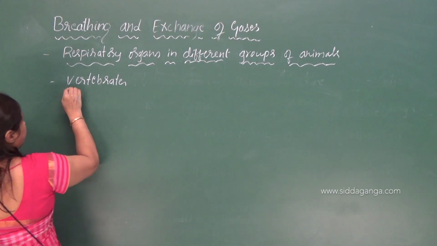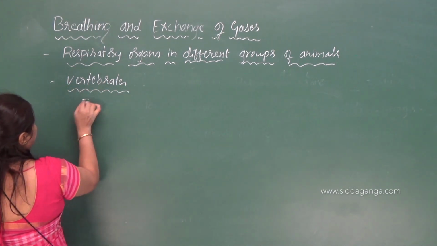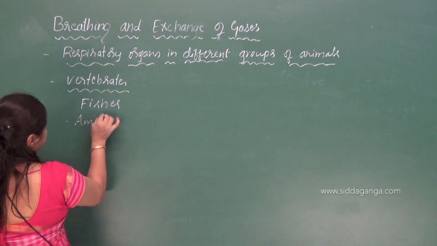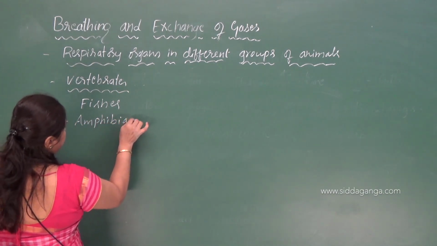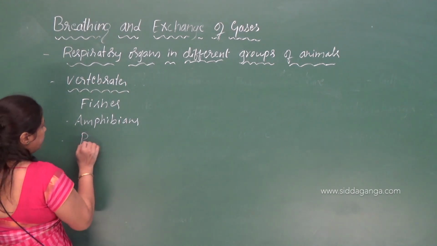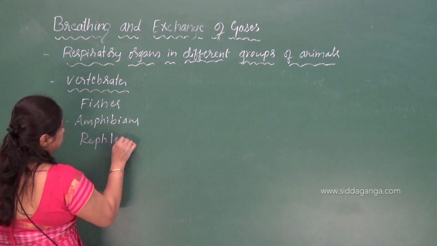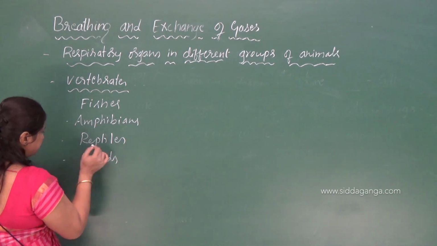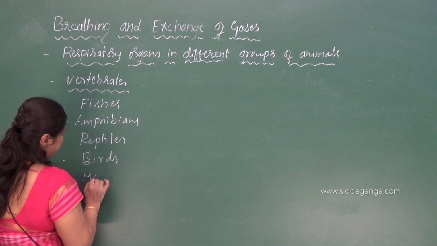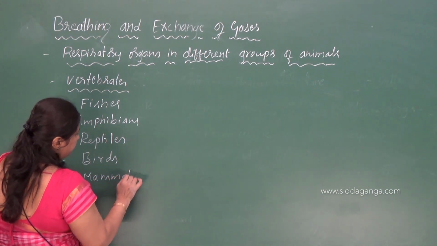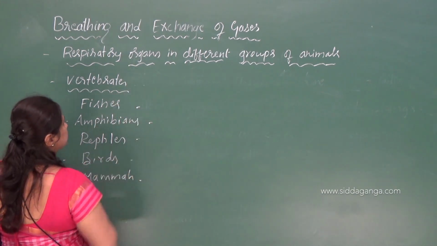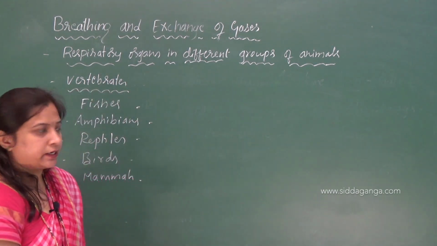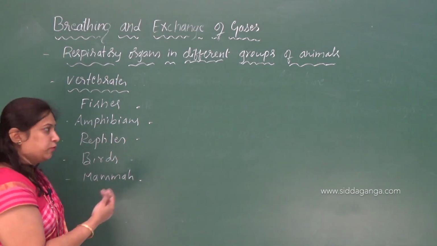So the vertebrates include fishes, amphibians, reptiles, birds, the Aves, and mammals. Okay, so these are the vertebrates. The animals having a vertebral column are called vertebrates. So let us see the respiratory organs in different groups of vertebrates.